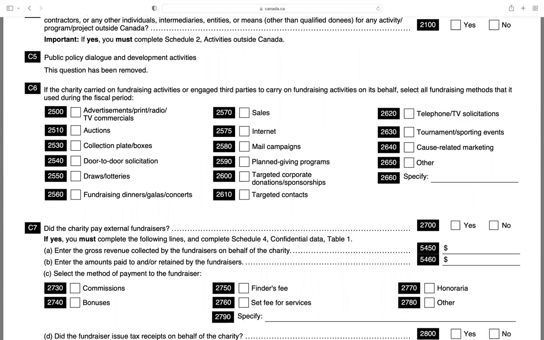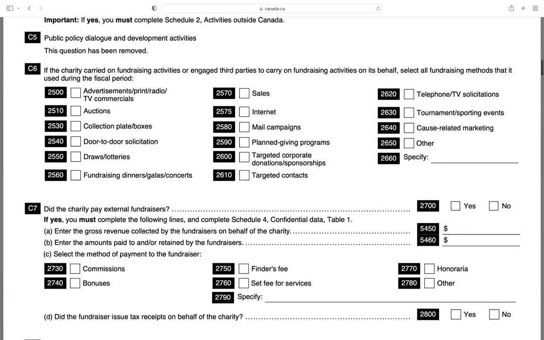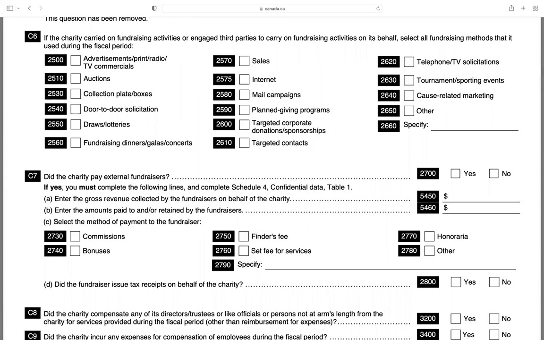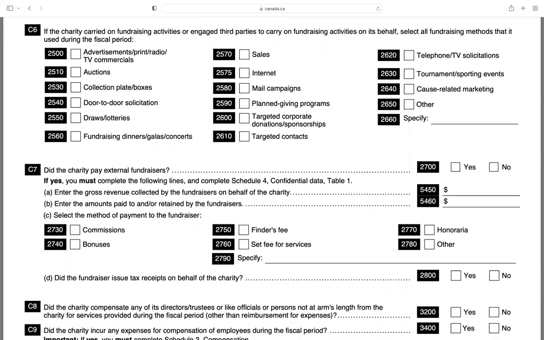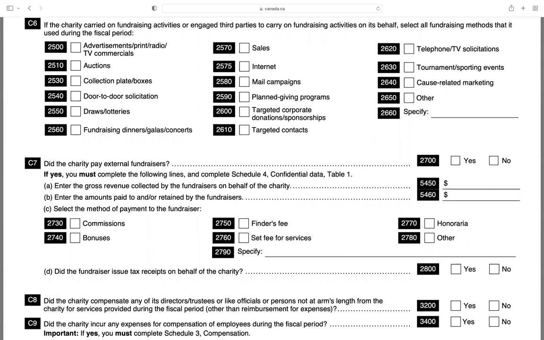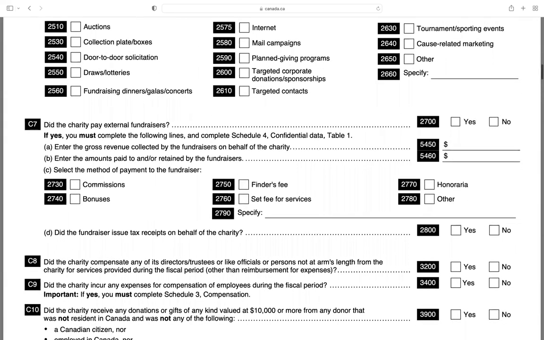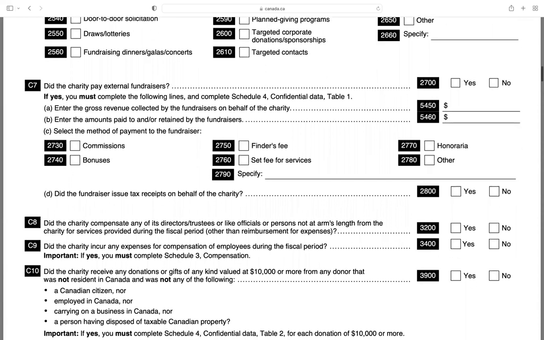Then C5 is talking about public policy dialogue and development activity. So C6 is, does the charity carry on fundraising activity or engage a third party to carry on fundraising activity. And then C7 is, does the charity pay an external fundraiser.